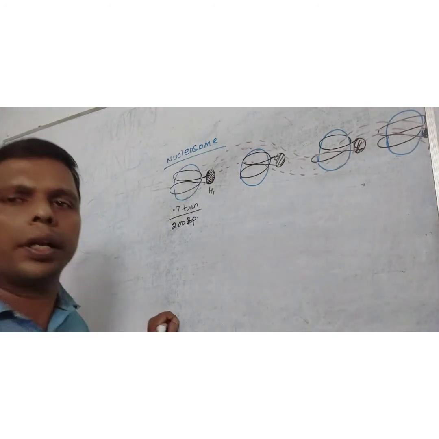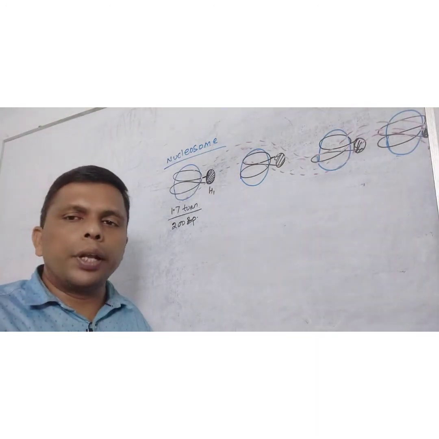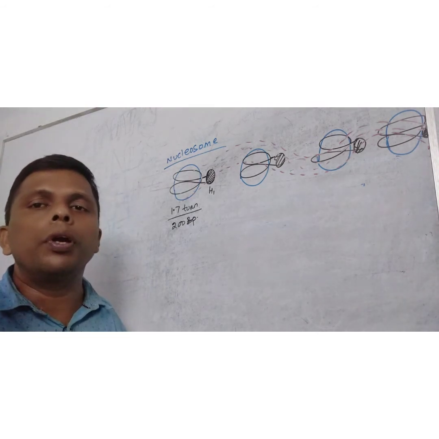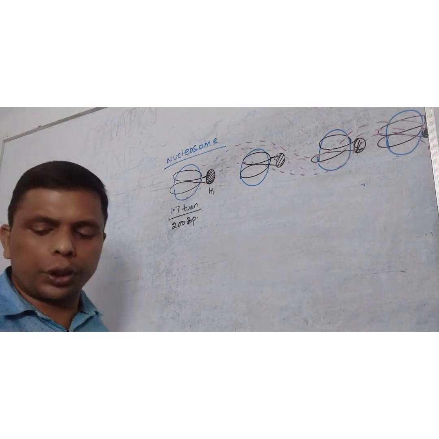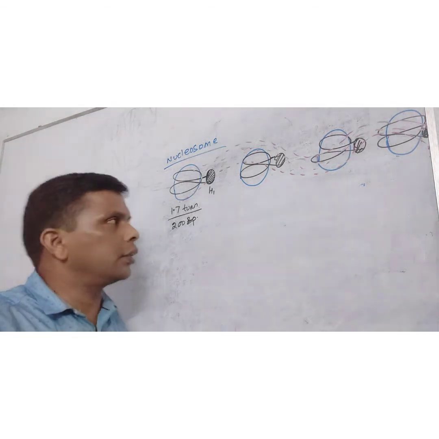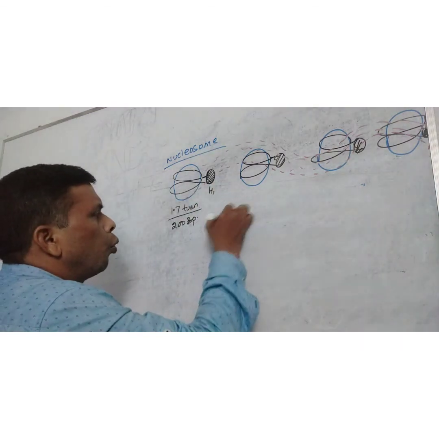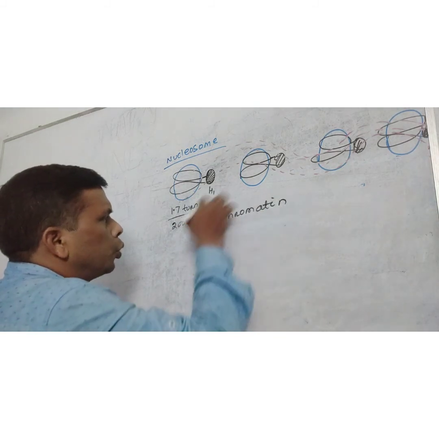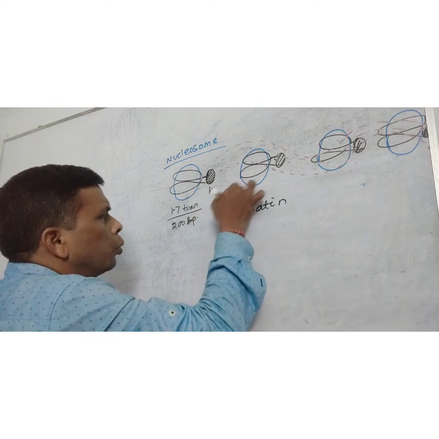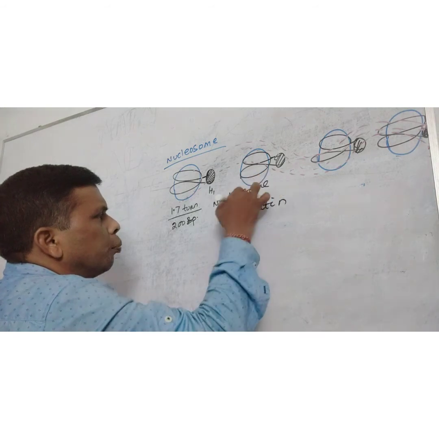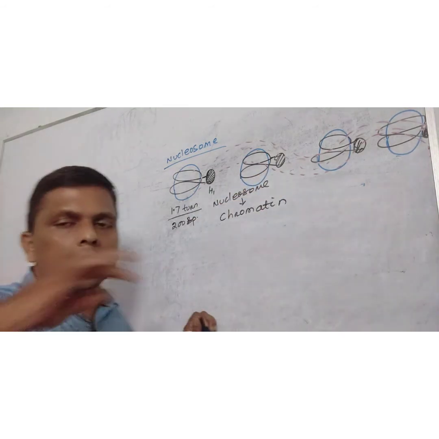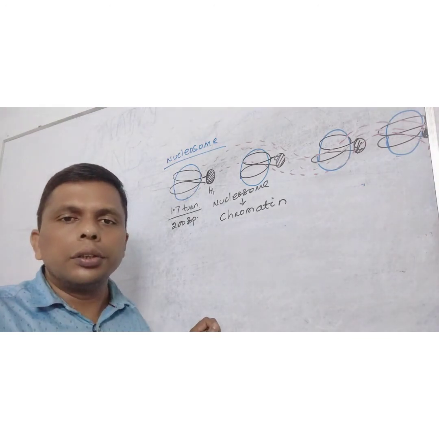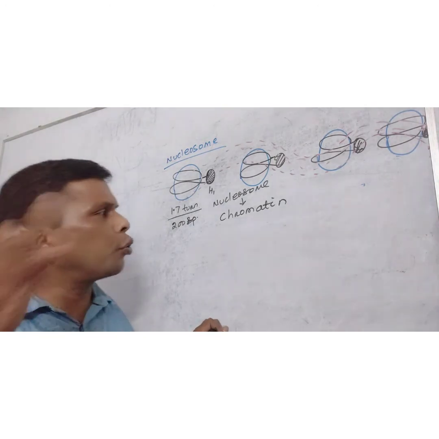This protein holds the nucleosomes into a string-like structure. This is called chromatin. So nucleosomes are the simplest organized structure, and they produce chromatin. Later this chromatin produces chromatid.